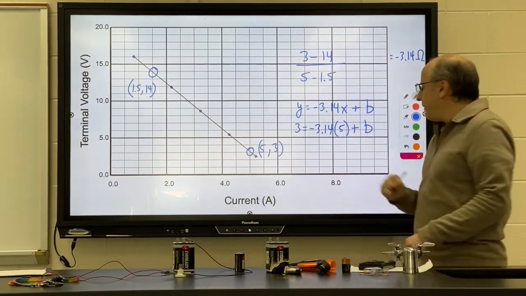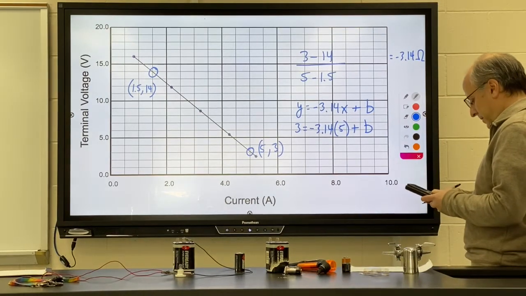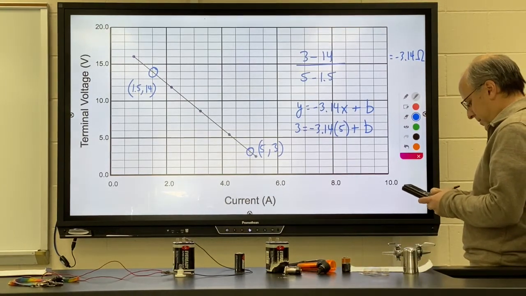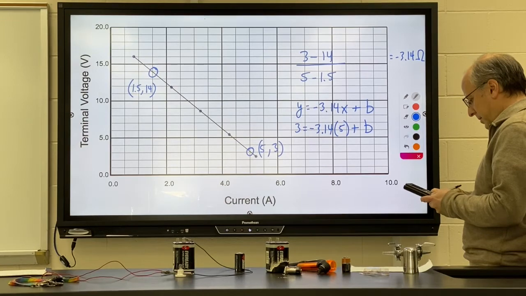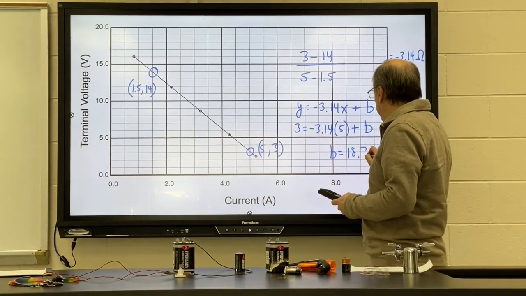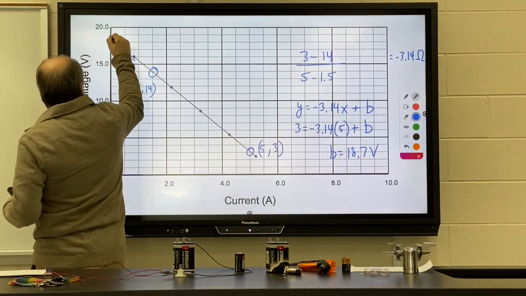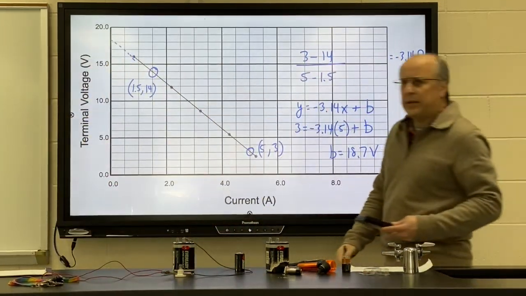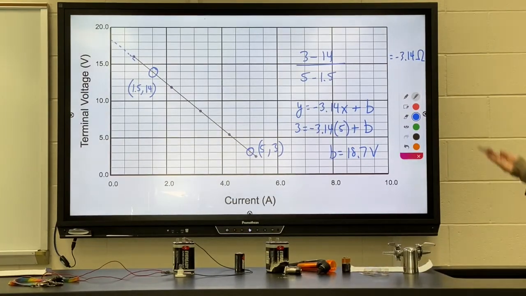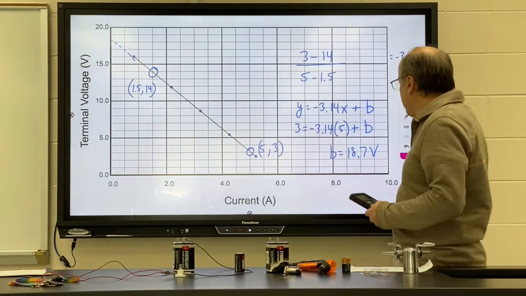And I can now find the y-intercept. I get a y-intercept of about 18.7 volts. Again, if I trace this back, yeah, somewhere between 15 and 20. Looks good. 18.7, more accurate than just eyeballing it.